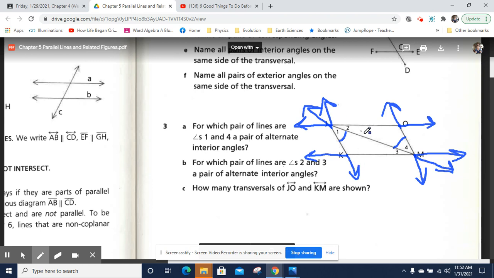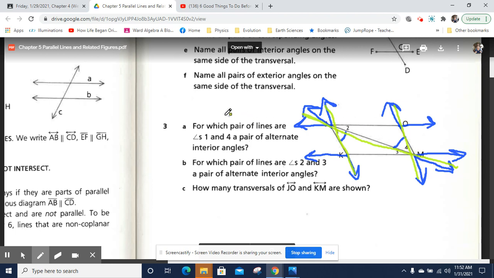So this angle, let me use a different color to make it a little clearer. We have this here, and this angle goes like that, and then like that. So angles 1 and 4 are part of the transversal and also bounded by JK and OM.